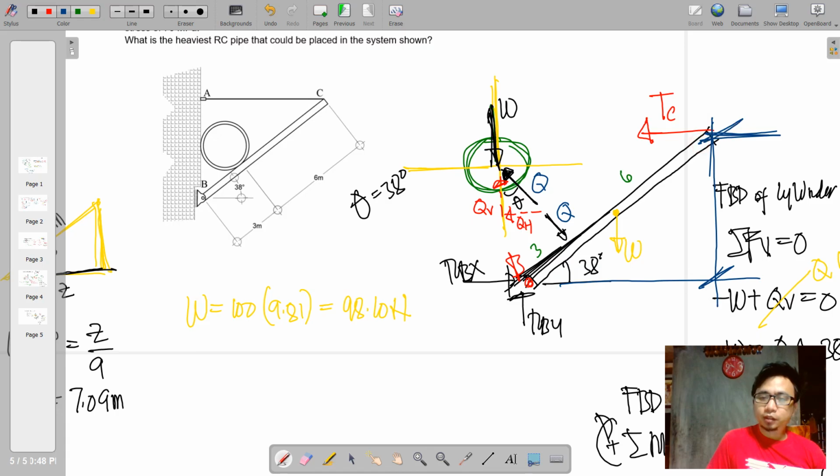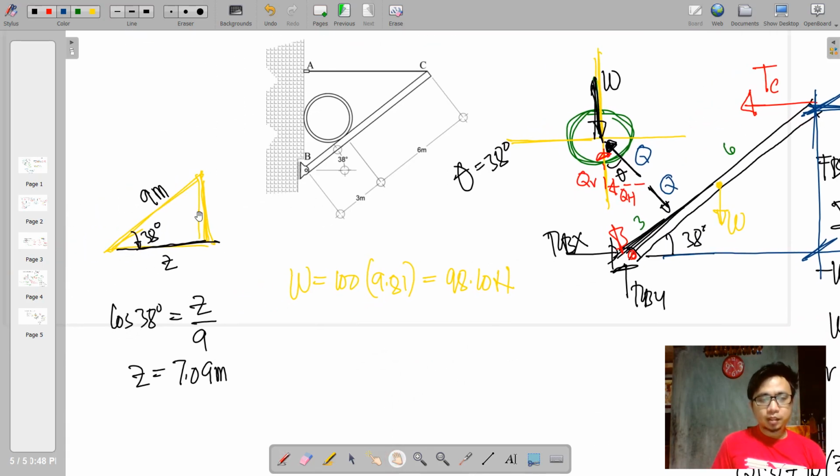So this distance, let us label that as Y. Actually, we can have a Pythagorean relation on the triangle. Say 9 squared is equal to Z squared plus Y squared.